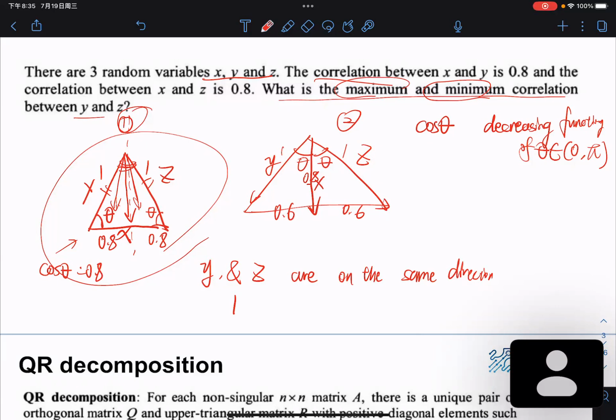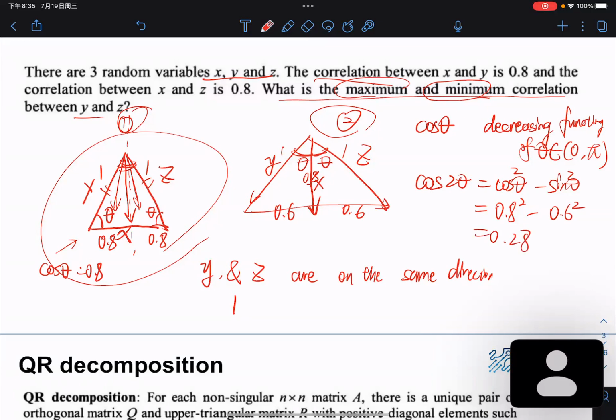Then let's come to the second case, where we are calculating the cosine of 2 theta, right? I wonder if you still remember that there is a formula. Cosine 2 theta is just cosine theta squared minus sine theta squared, which in our case is just 0.8 squared minus 0.6 squared, which is 0.28. And this is the minimum.